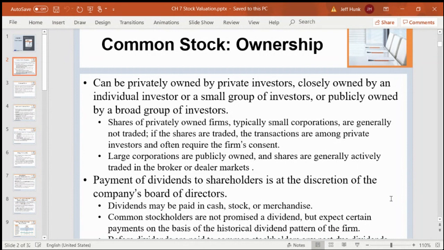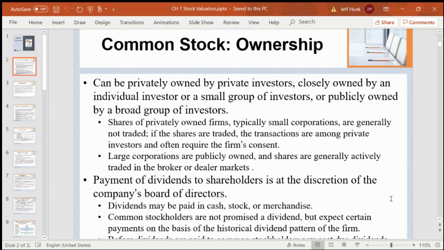Now, there's a reason why it's called preferred stock. It is called that because when the company pays out dividends, preferred stock owners get paid first, prior to the dividend paid out to common stockholders.